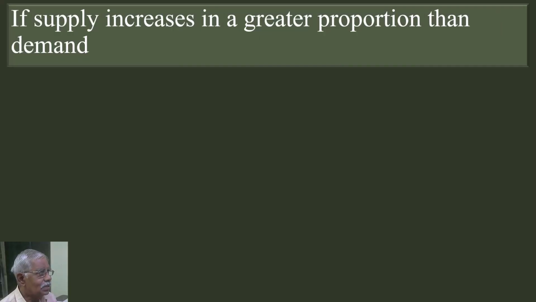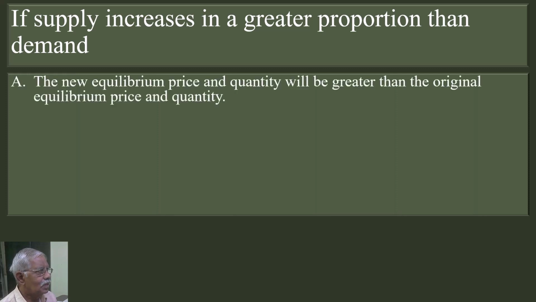Look at this question. If supply increases in a greater proportion than demand, A, the new equilibrium price and quantity will be greater than the original equilibrium price and quantity.